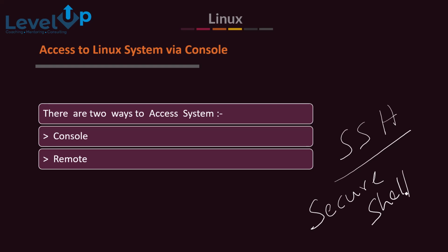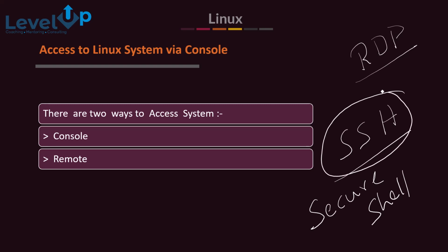Okay, if you guys are aware, if you have to remotely access a Windows server, we use a protocol called as RDP, that is a remote desktop protocol. Similarly, if you have to access a Linux server which is there in a data center or cloud, you access that with a protocol called as SSH, secure shell.